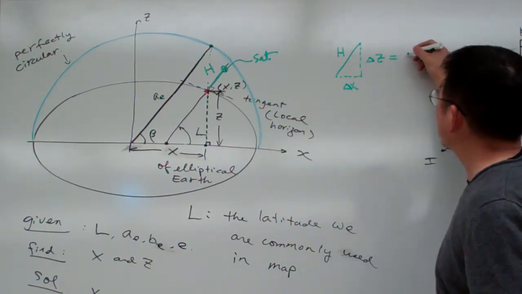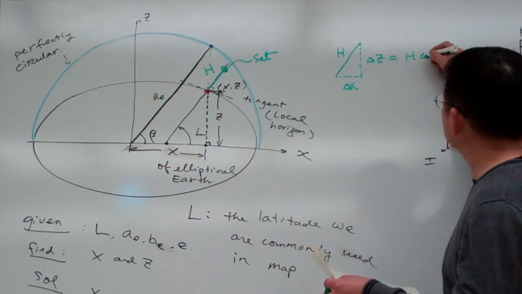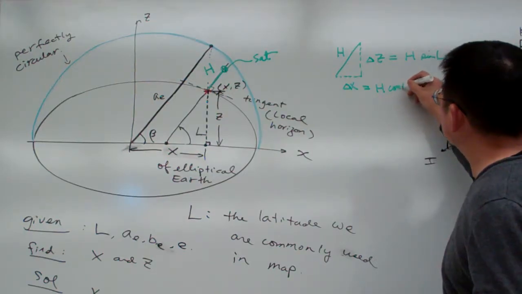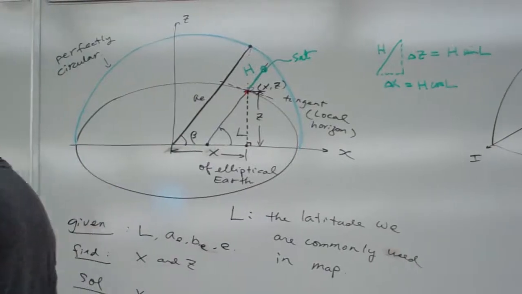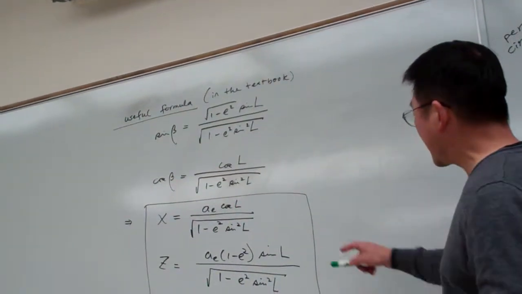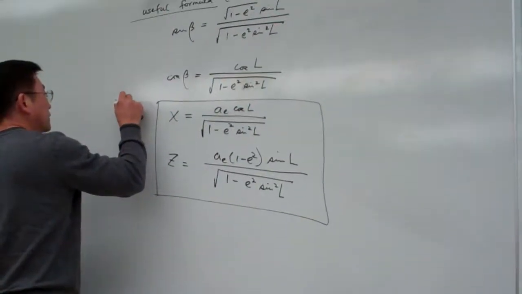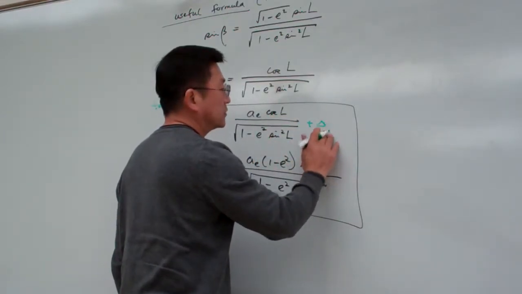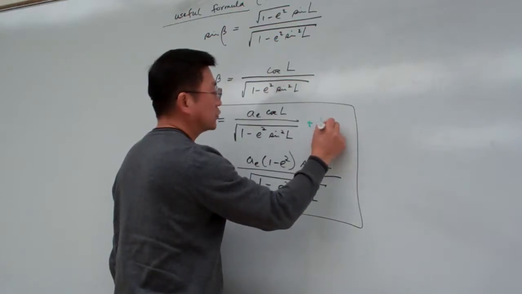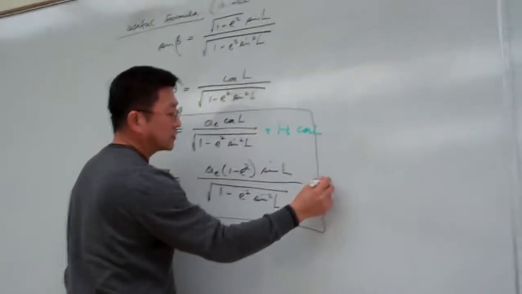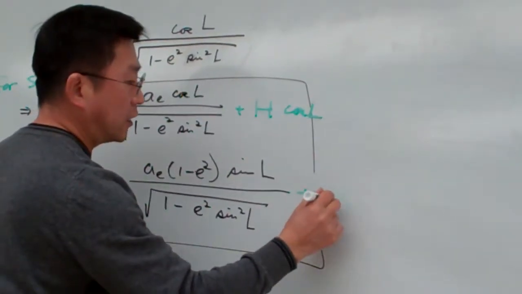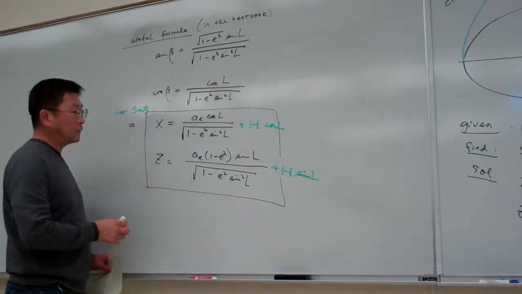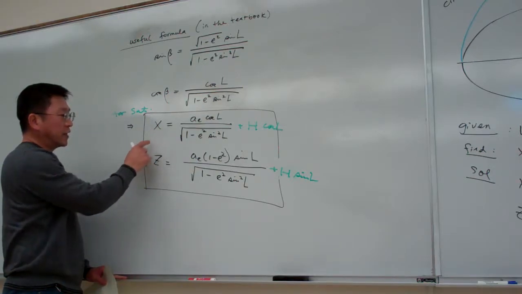Basically, delta z is h times sine L, and delta x is h times cosine L. So for the satellite, we add delta x to x, and delta x is equal to h times cosine L. And this one added is delta z, replaced by h times sine L. Okay.